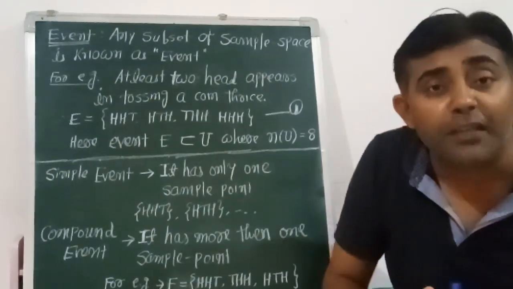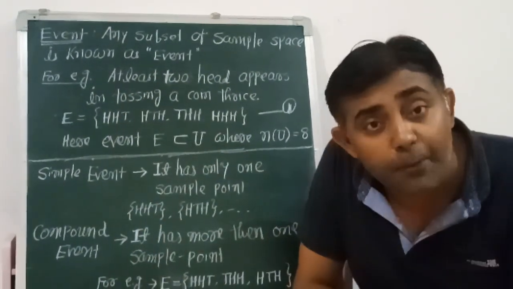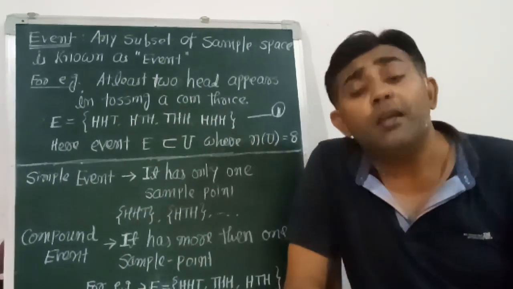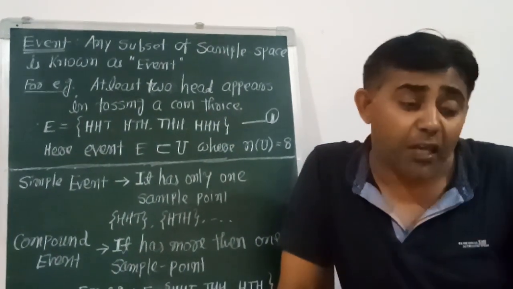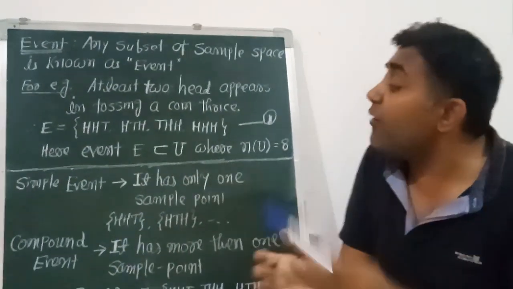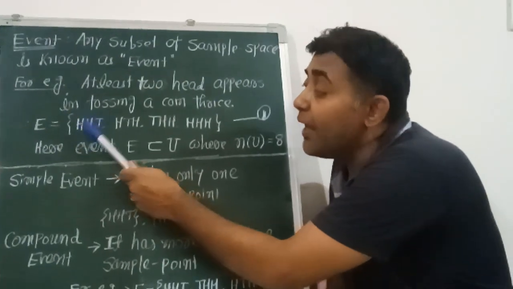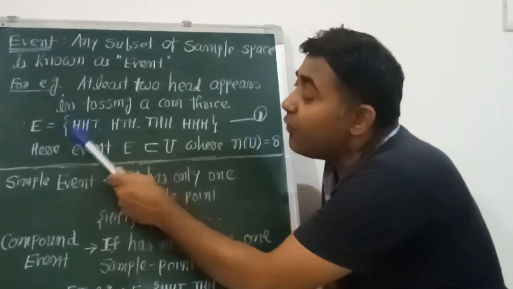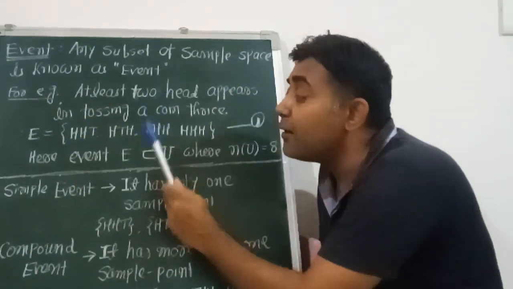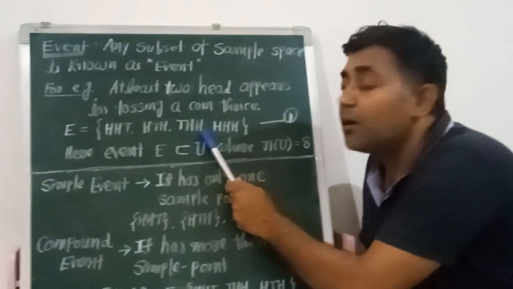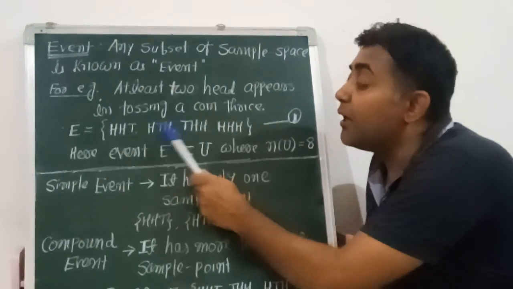At least two heads means either two heads appear or more than two heads appear. More than two heads means in all three cases we get H, H and H. So finally the event is this. Mathematically we may write it as a set E equals HHT, HTH, THH, HHH. It means in the first and second toss we get head, in the first and third toss we get head, or in the second and third toss we get head, and in the other case we get tail.